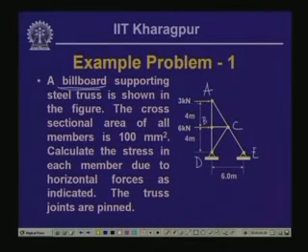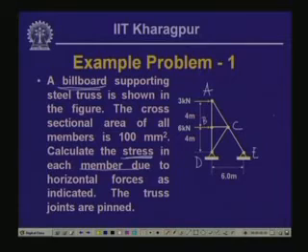The forces are acting as 3 kilonewton here and 6 kilonewton here. So what we need to do is first evaluate the forces in each member, and once we can compute the forces in each member, since the members are pin jointed, we will have the axial forces in each member, and this axial force divided by the cross sectional area will give us the stress, and that is what we are interested in.